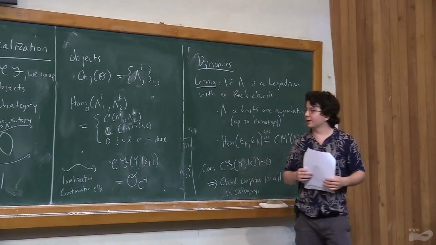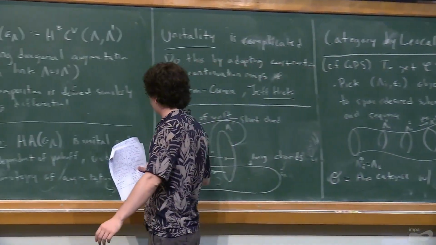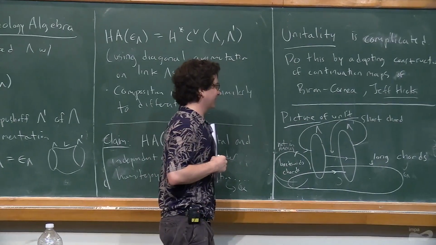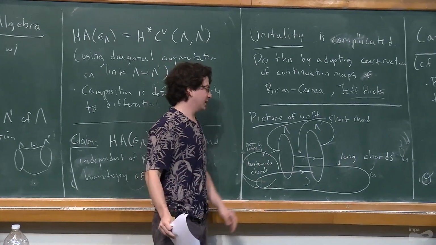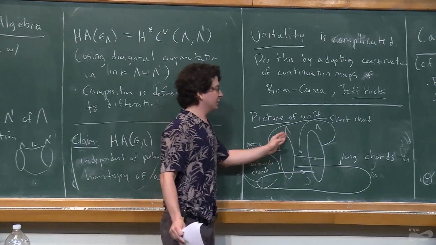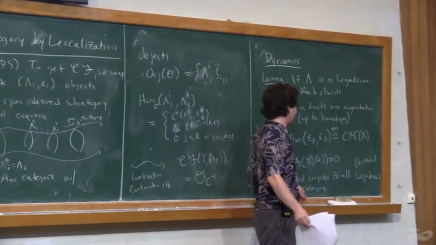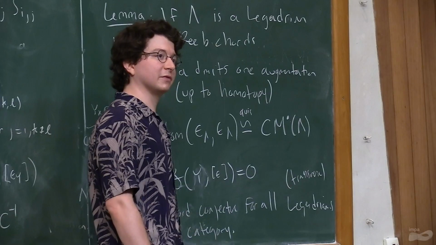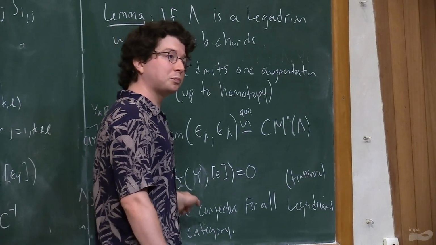Using that, you can essentially adapt the argument in this paper by Ekholm and some other people whom I'm sadly forgetting, where they prove that there's an effective lower bound on the number of chords by half the sum of the Betti numbers of the Legendrian. So this actually implies something much stronger than that.